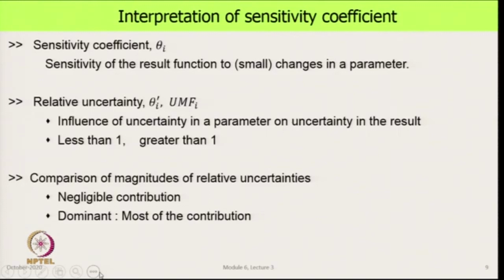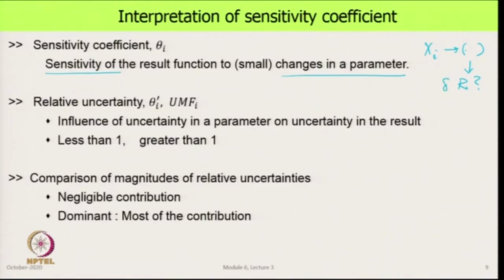First, as the name suggests, it is a function which tells you how sensitive the result function is to small changes in a parameter. So, if that parameter x_i changes by a small amount, what is the change in the result that it produces?